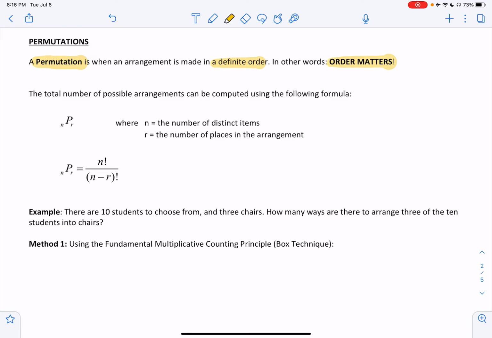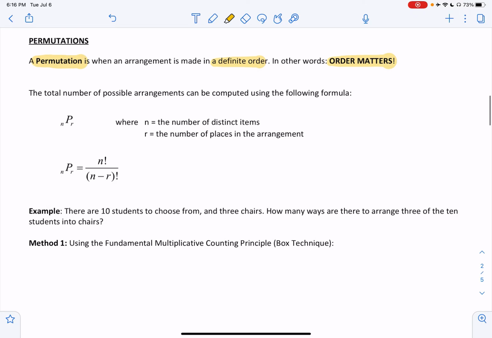If I'm trying to determine how many arrangements I have and order does matter, that's when I'm looking at a permutation. Now, the total number of our possible arrangements, when order matters, can be computed using this formula here. We denote it as nPr, and this is the button you'll be looking for on your calculator.